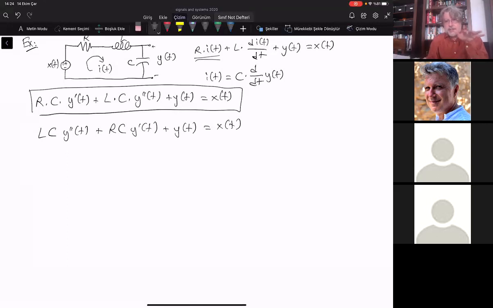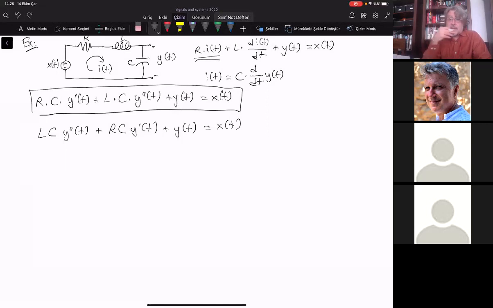This equation in the box, that differential equation, is the system. Because how else can we define or describe a system? The only way to describe a system that we are aware of for the time being is this input-output differential equation in the form of derivatives.